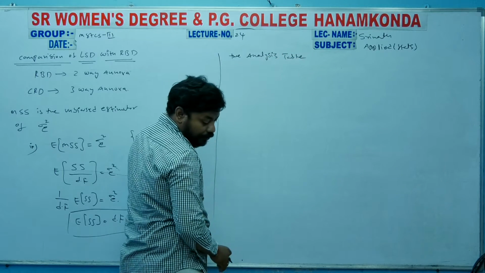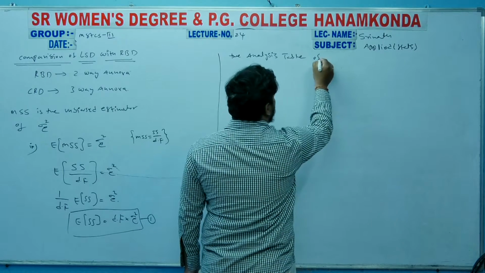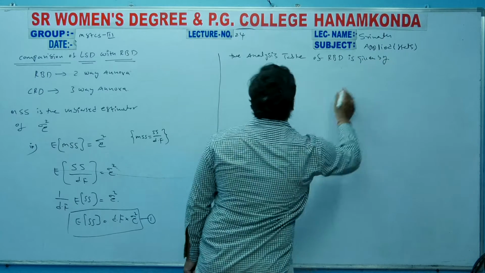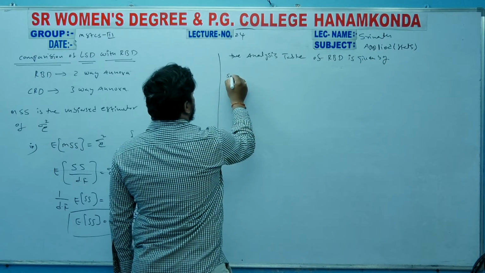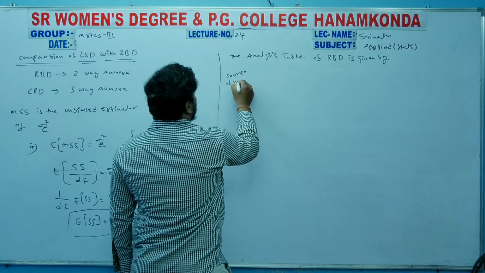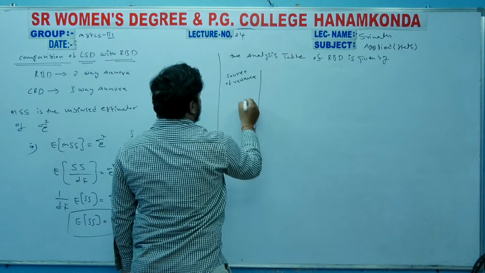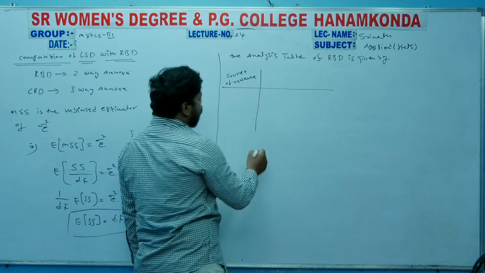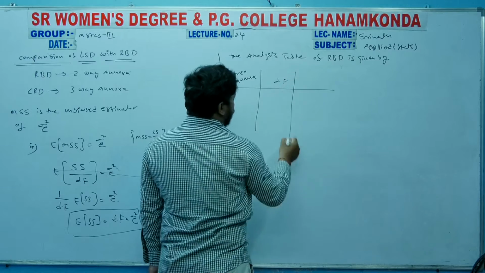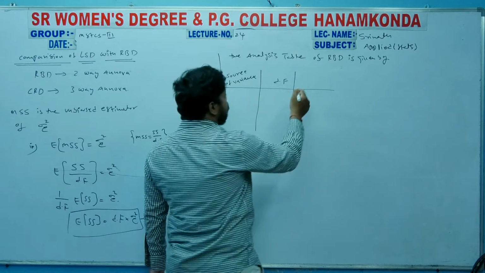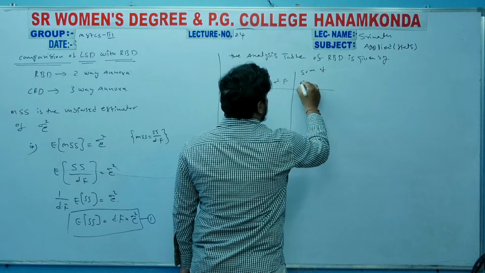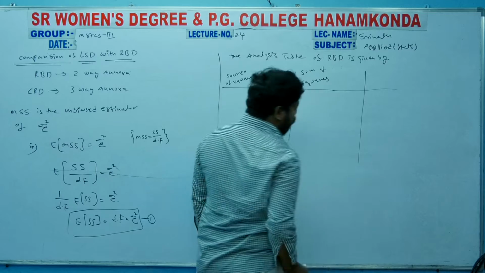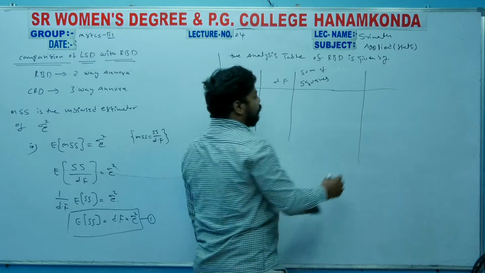The analysis table of RBD is given by: source of variance, degrees of freedom, sum of squares, and expected error.